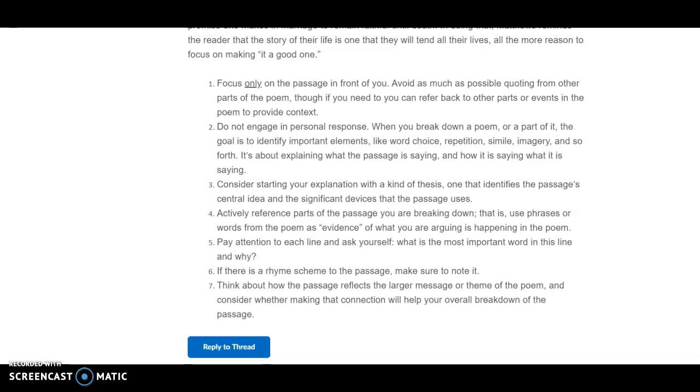Make sure that when you supply this evidence, you don't just drop in the quote and leave it as is. Use it to show a particular idea, to illustrate a particular point.